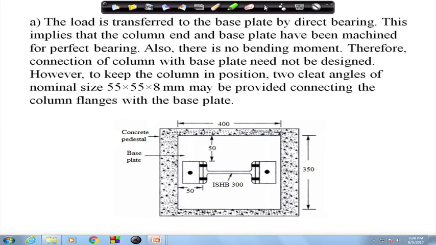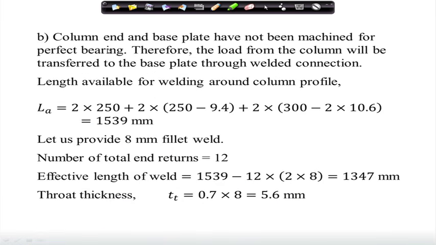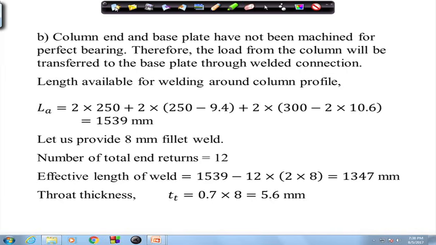So, similarly in case of B, where the column end and base plate have not been machined for perfect bearing, there we have to design the connection due to the concentrated load. So, for designing that we will see what is the available length.